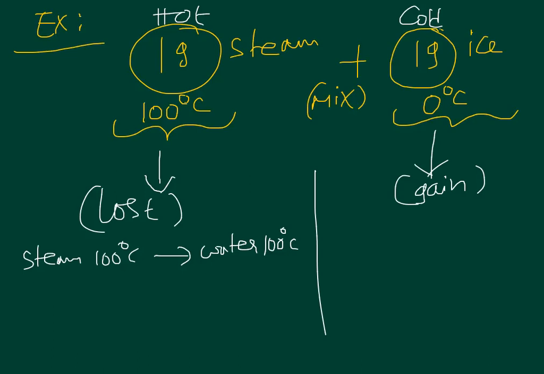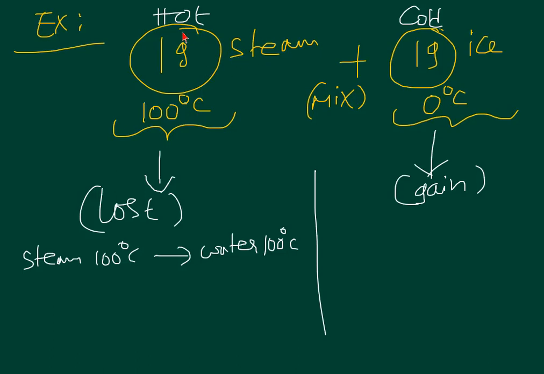Because initially it is steam, and now it will lose heat energy. Steam at 100 degrees cannot convert to water at 90 degrees or anything else. Steam will not exist below 100. So losing heat energy means steam has to convert to water, right? Very simple.